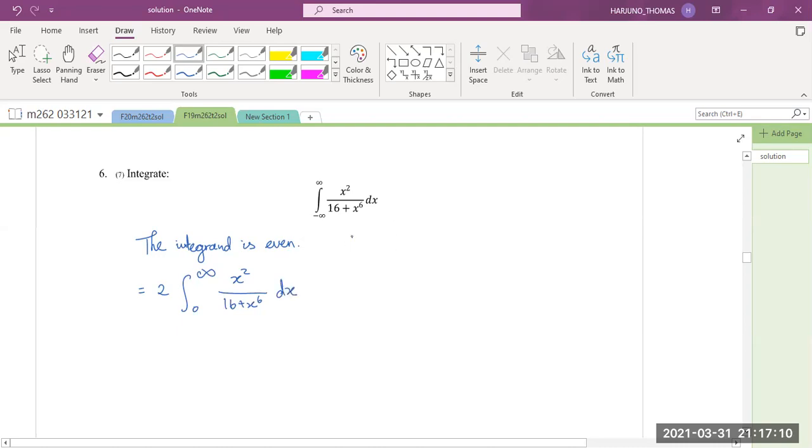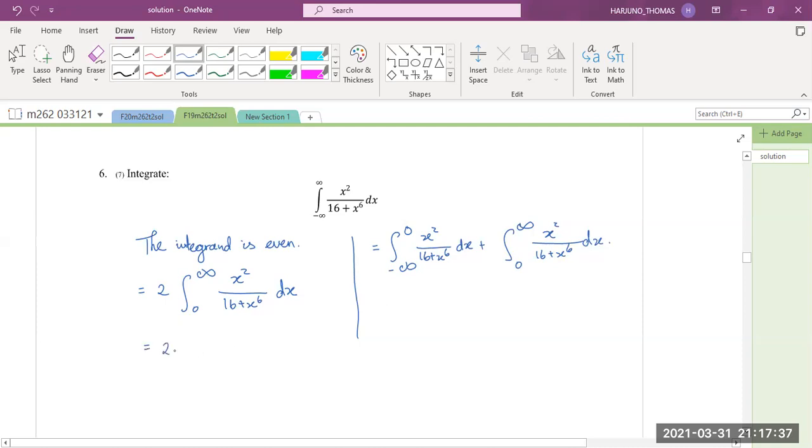You can also break it up this way. So you say that's equal to the integral from negative infinity to 0 plus the integral from 0 to infinity. You see what I mean? Okay, and then you do the limit for each.